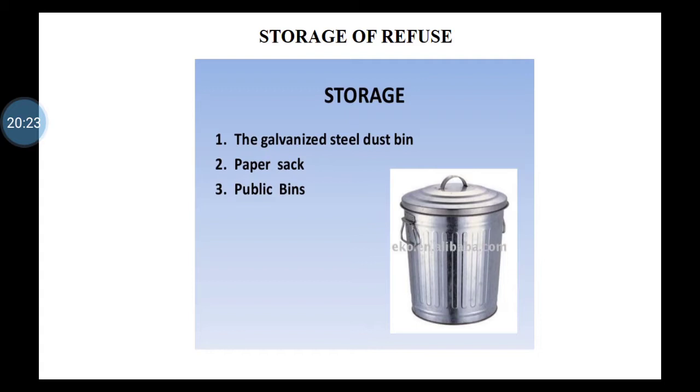See, this is covered by a lid. It should be placed outside the houses. Similarly, paper sacks can be used. Many people use polythene carry bags, which are useful for collecting refuse. First is collection, and then it is to be disposed of.